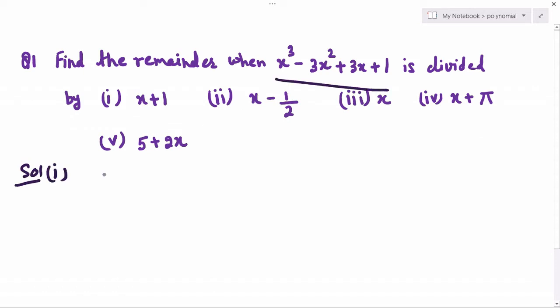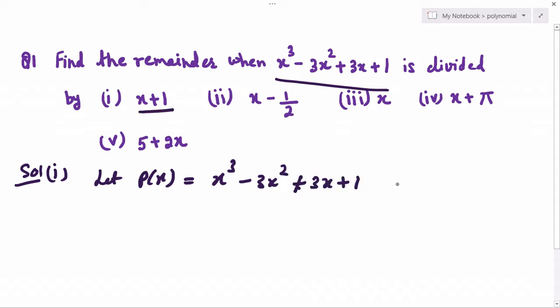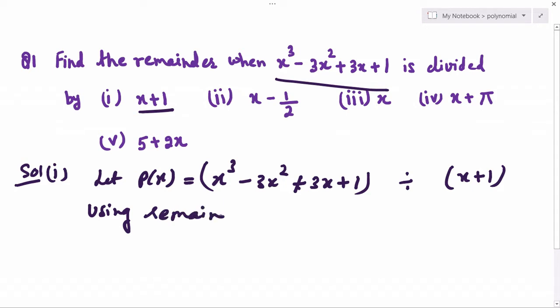This is a polynomial, so we will assume that the name of this polynomial is P(x). When you divide this polynomial by x plus 1, it means using the remainder theorem, because directly we are using the remainder theorem to find the remainder.